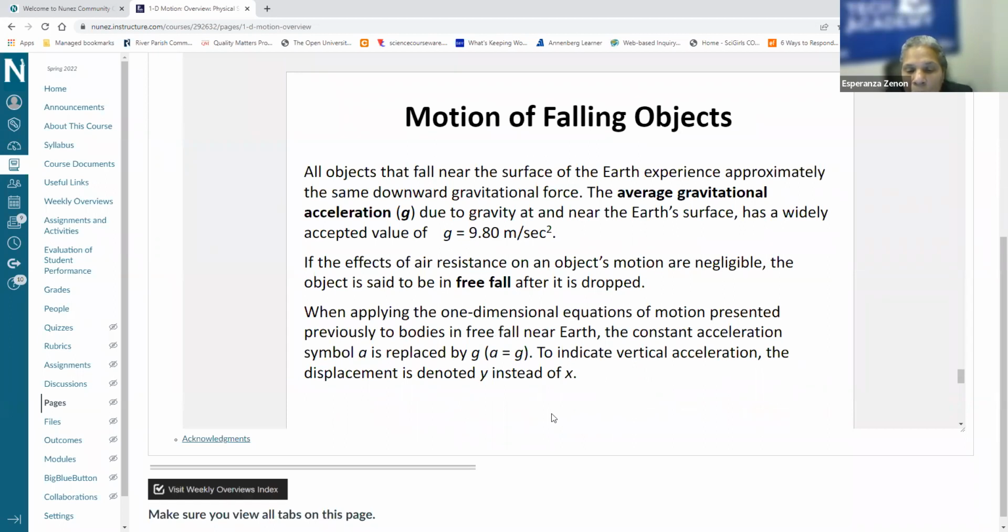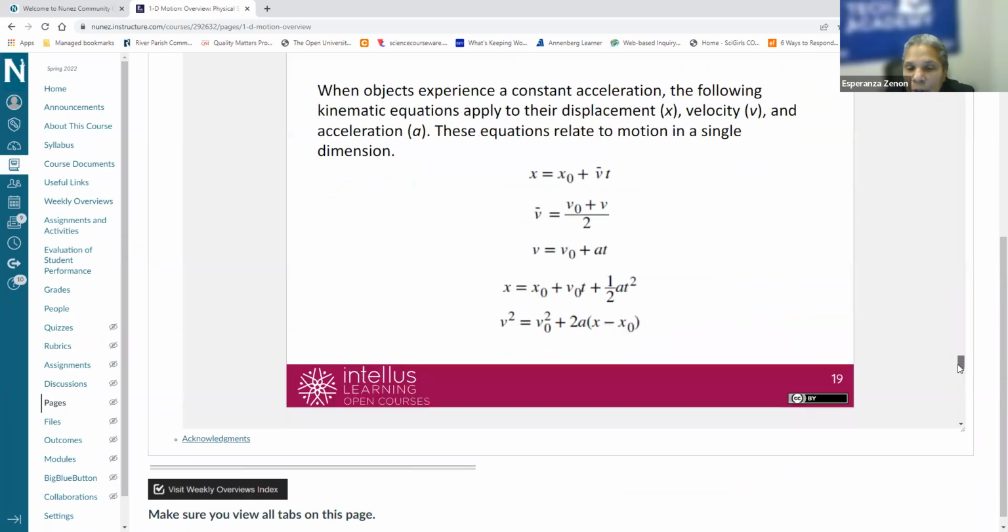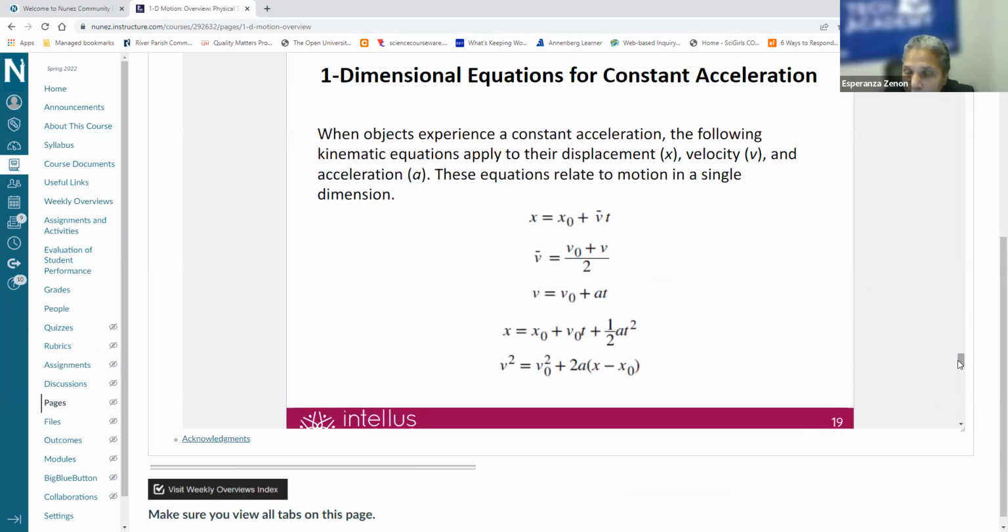And remember, because it's falling, we always have to add a minus sign because that tells us direction. Okay. So the easiest way to think of it, if you're going to solve problems for free fall, is that free fall is an example of constant acceleration. Free fall is an example of 1D motion because the object is moving vertically under the control of gravity only, which produces a constant acceleration.